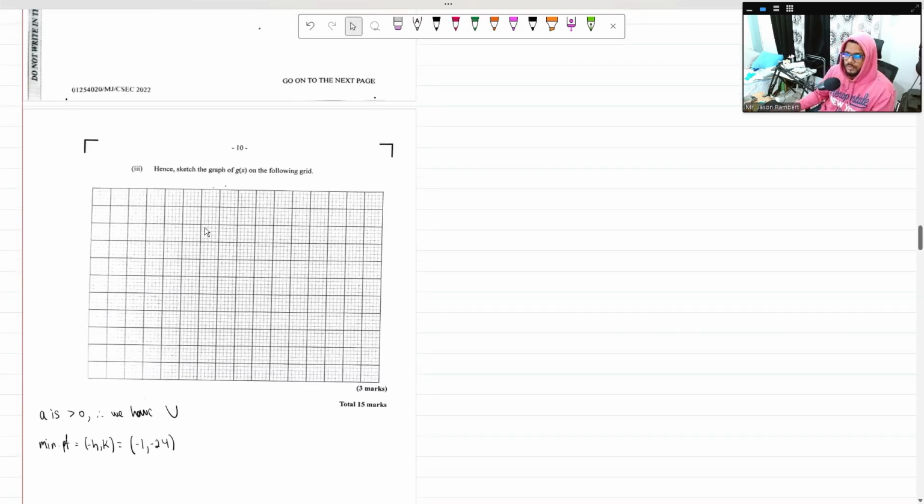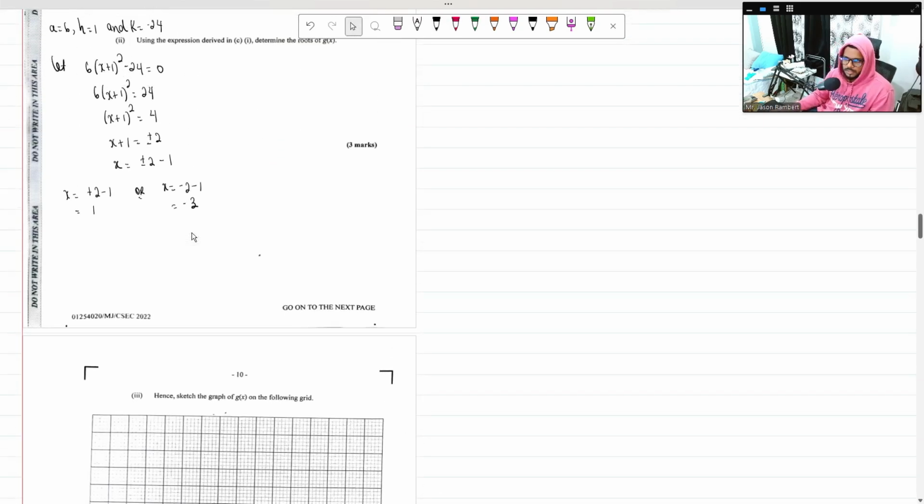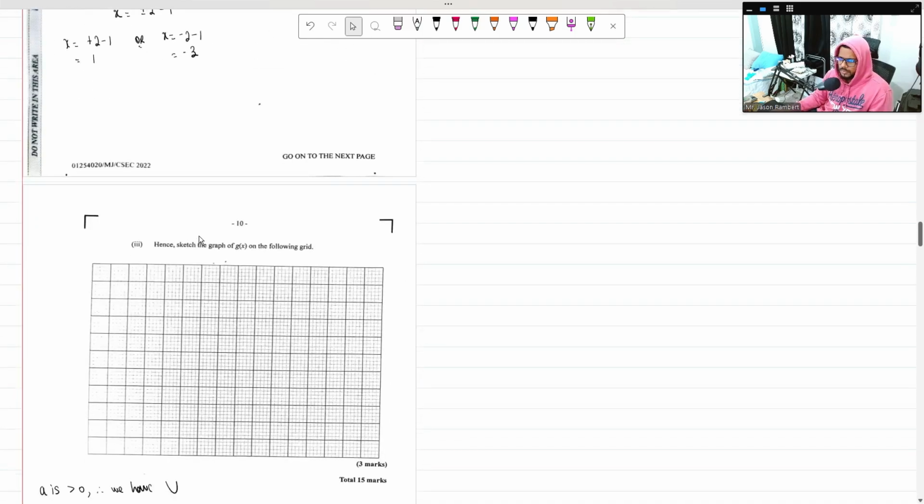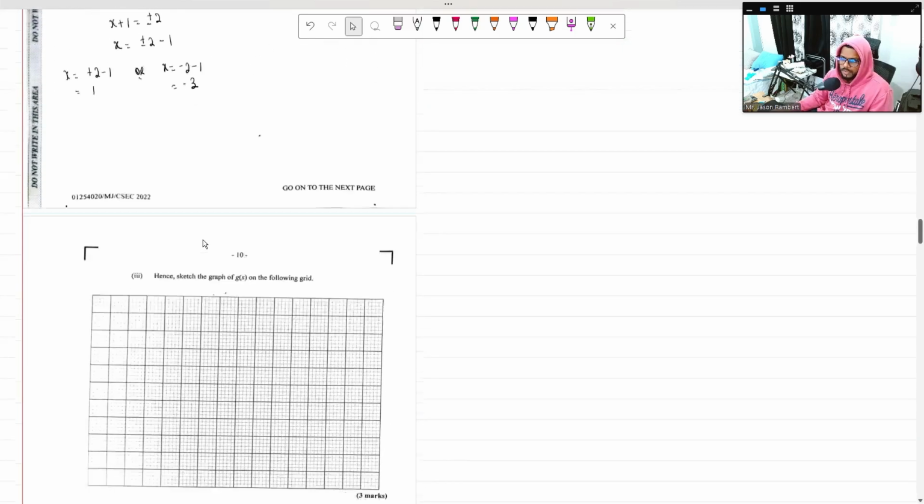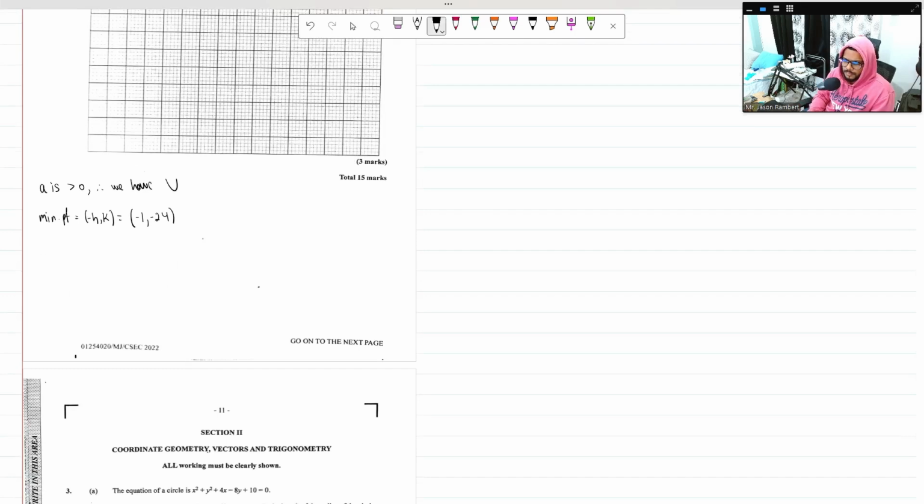This is a sketch, so we don't have to be as accurate. The roots, the x-intercepts, are x is 1 and x is minus 3.